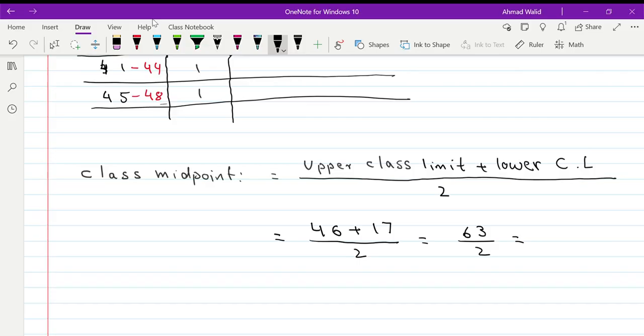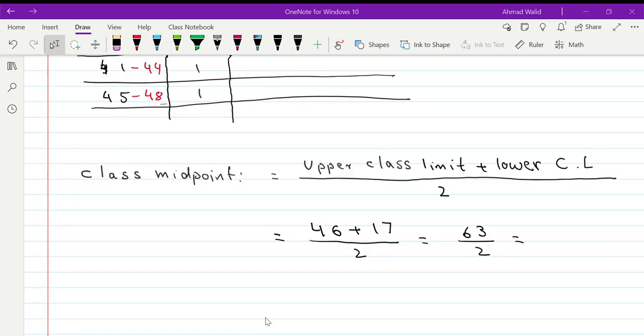And if you use your calculator and divide 63 by 2, which you can do also without calculator, hopefully, it gives you 31.